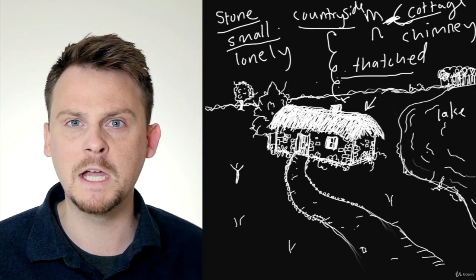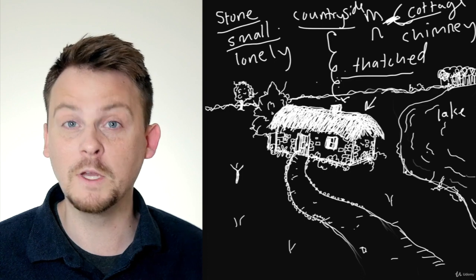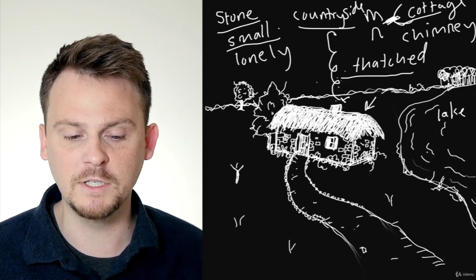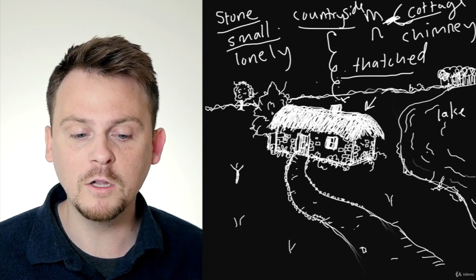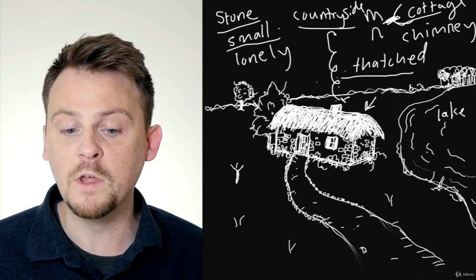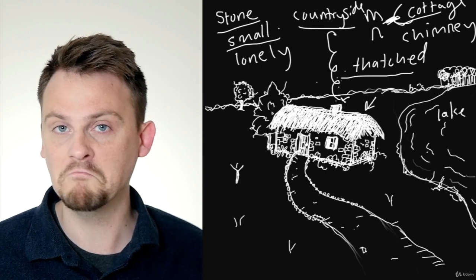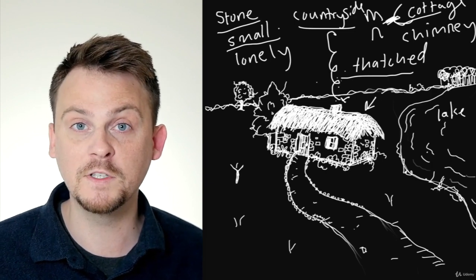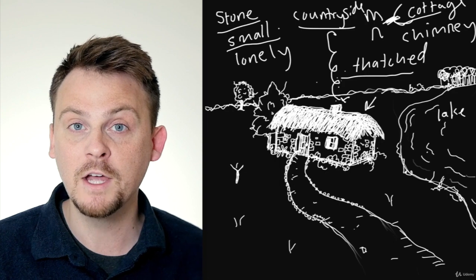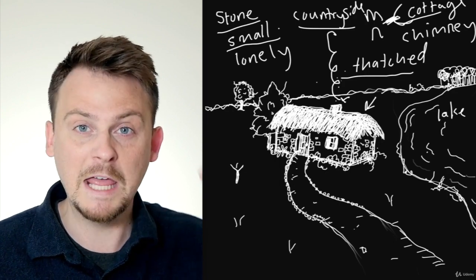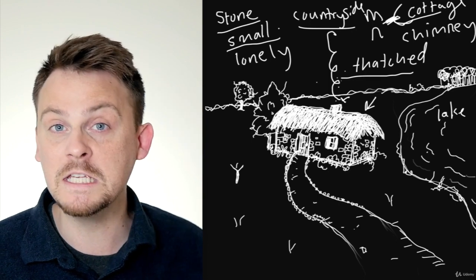We could add adjectives there too, beside a blue lake, or beside a lake in the countryside. There is a small, lonely stone cottage with a thatched roof beside a lake in the countryside. Okay, so that's a pretty simple first sentence. Again, I'll write it down in a little bit, but that's a pretty easy way to describe it, and the picture that you get in your mind is very clear.